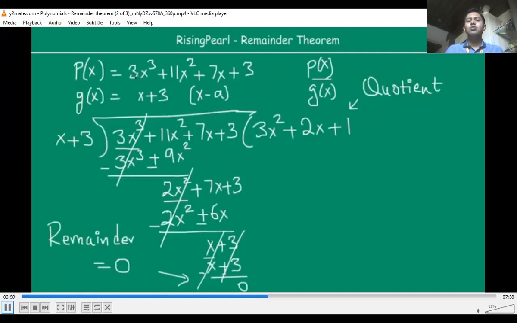So if we find the value of a, we can write x minus a as x plus 3, which gives a is equal to minus 3. We can write x plus 3 as x minus minus of 3.